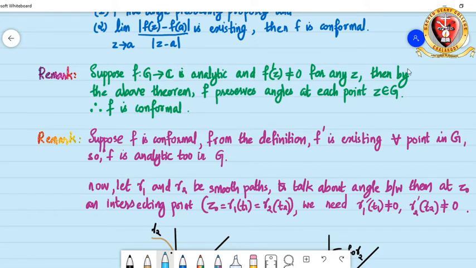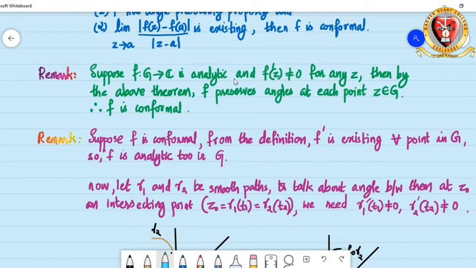Then by the above theorem, which means theorem 3.1, which made us understand that if f is analytic, then f preserves angles at every point where the derivative is not equal to 0.